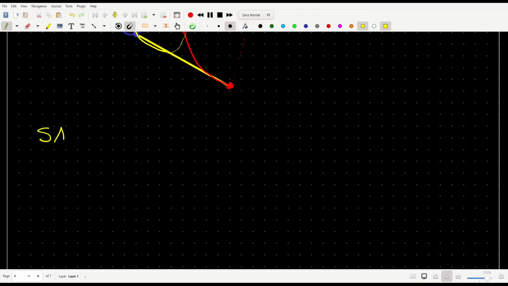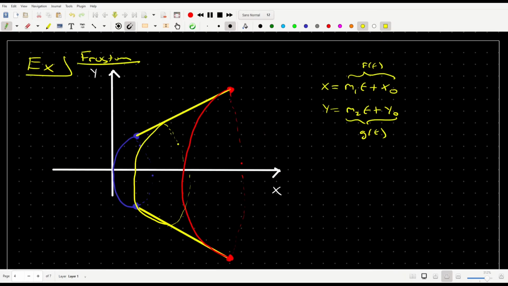We have that the surface area of revolution of this shape is going to be equal to the integral from t_a to t_b, where t_a is the parameter of the beginning point of this line, and t_b is the parameter of the endpoint of this line.